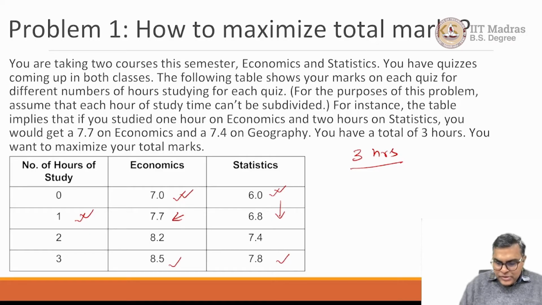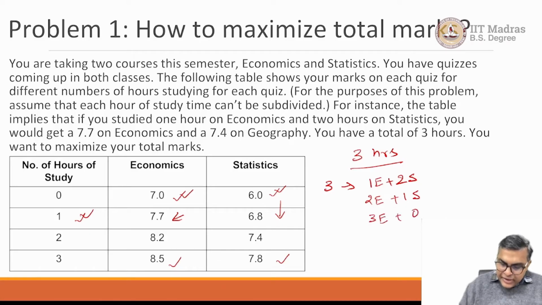One is, you have 3 hours, so let us say 1 eco 2 stat, that's a possibility. Another possibility is 2 eco 1 stat. Third possibility is 3 eco 0 stat, and one more possibility is 0 eco and 3 stat.